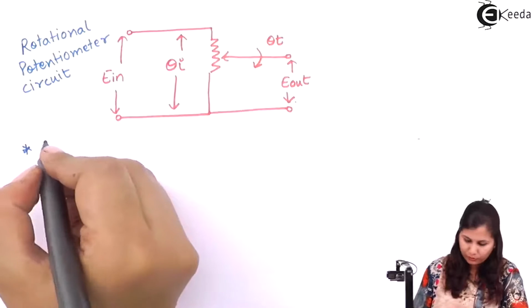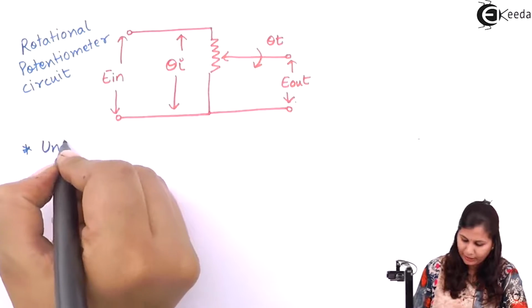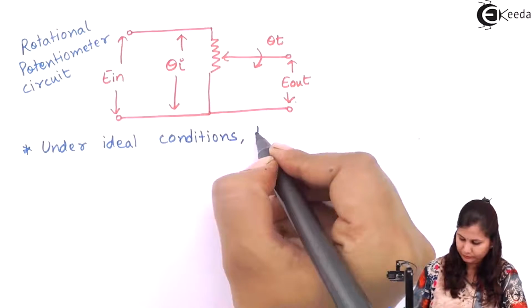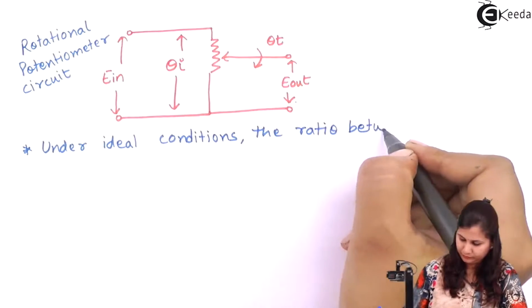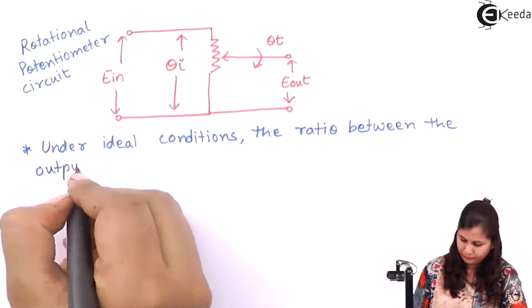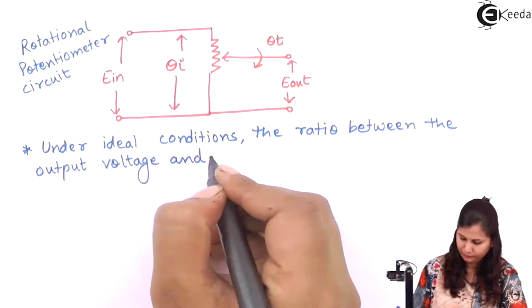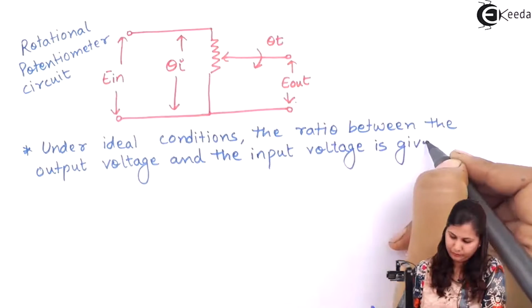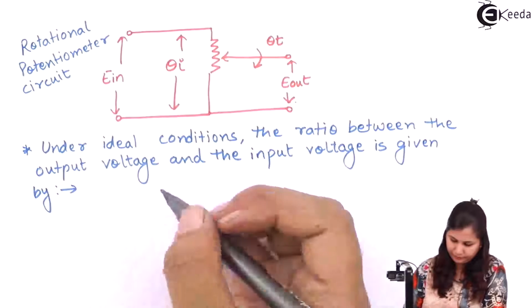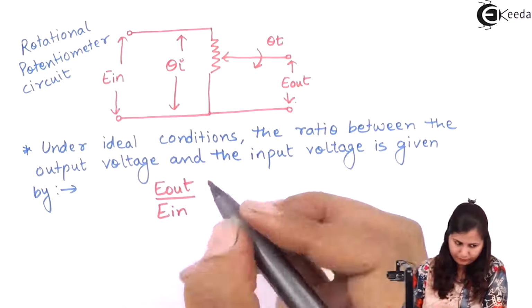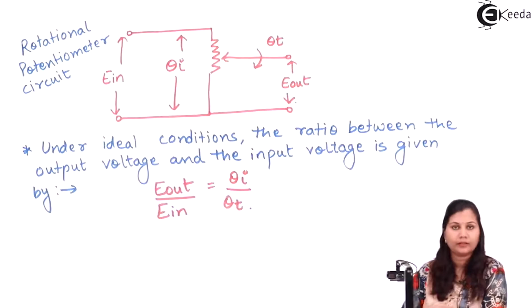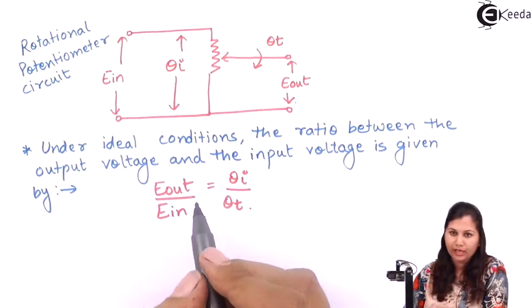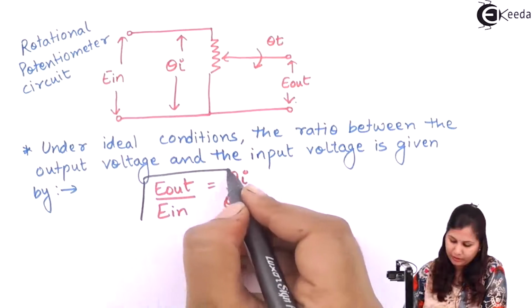So here also, under ideal conditions, this is the ratio between the output voltage and the input voltage, and it is equal to theta i by theta t.